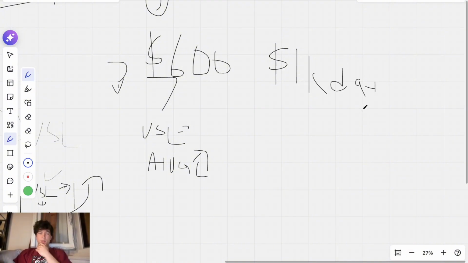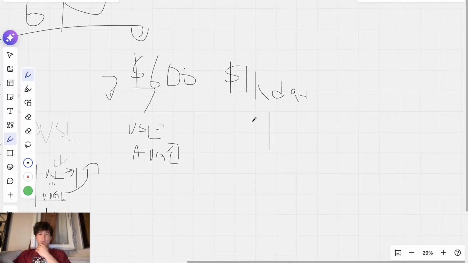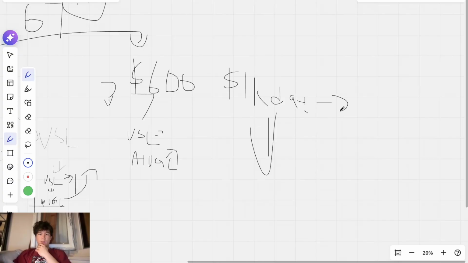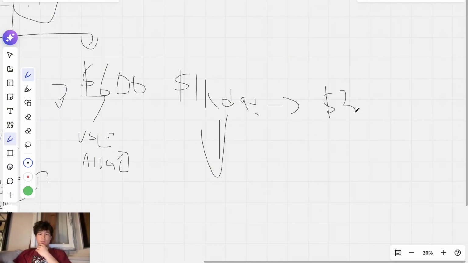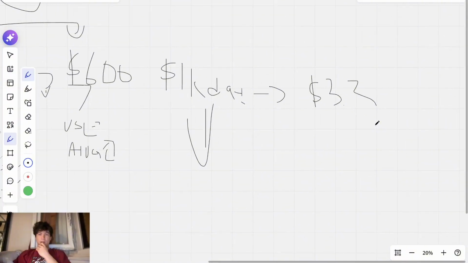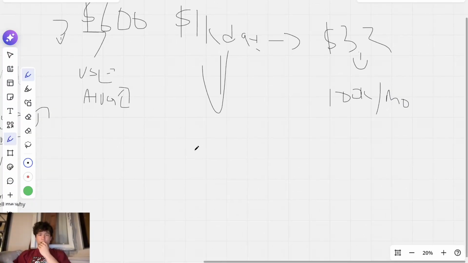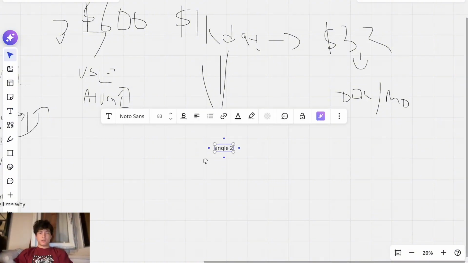Once we hit the first 1K day, all we need to do is scale to 3.3K days, which equals 100K per month, which is the challenge. We could probably do it with one winning angle, but I'll start testing more angles, like angle 2, angle 3.